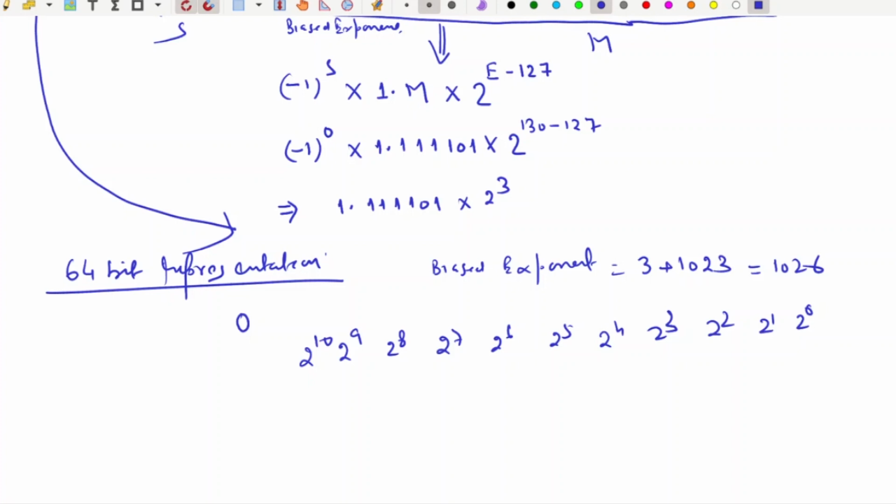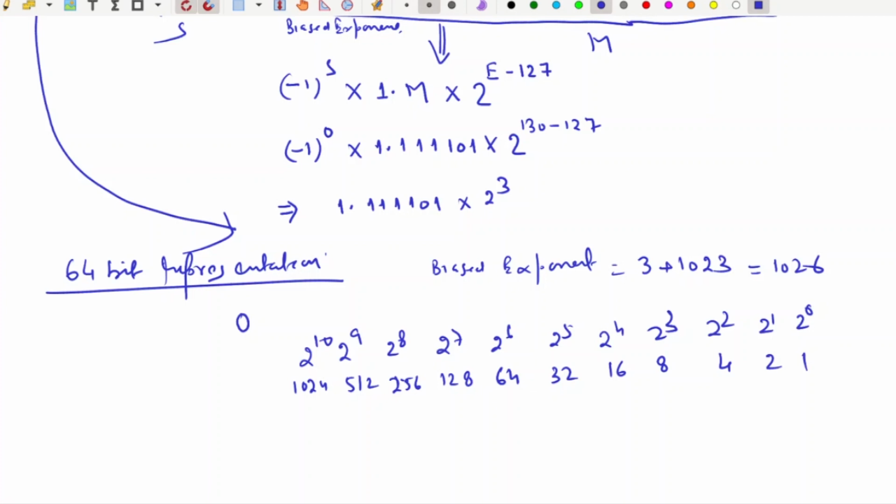Total 11 bits are there, so this represents 1024, this 512, this 256, this 128, this 64, this 32, 16, 8, 4, 2 and 1.